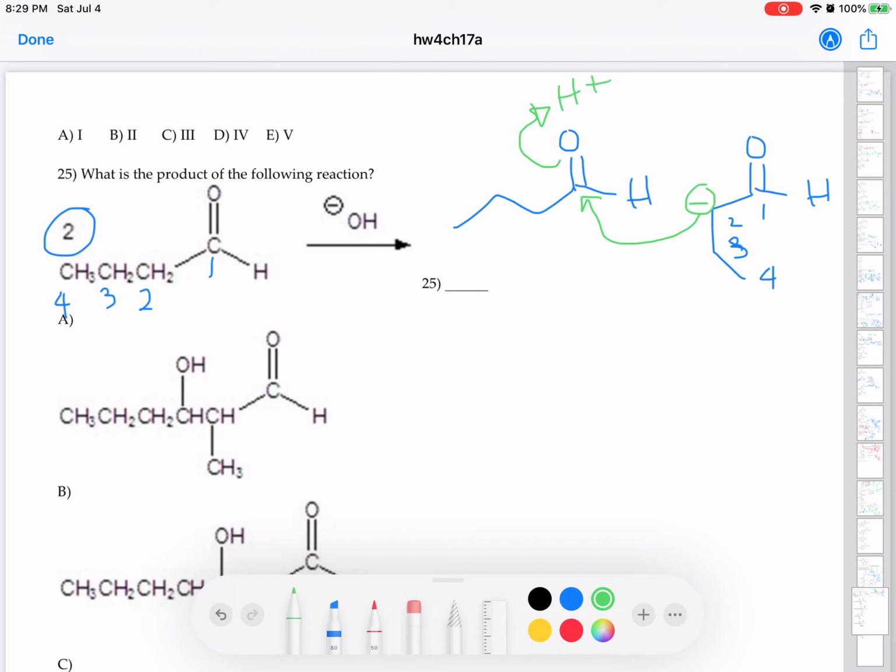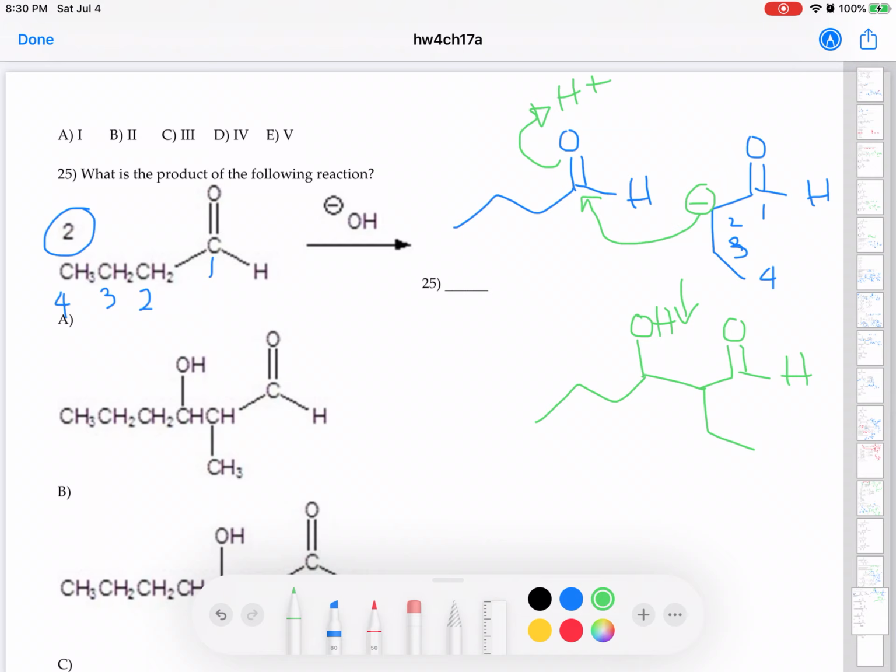So now you need to connect these two bonds, and when you connect, you can draw your handles like that, and then you form the new bond right there, and this becomes OH. Okay, 1, 2, 3. So that is going to be the product.